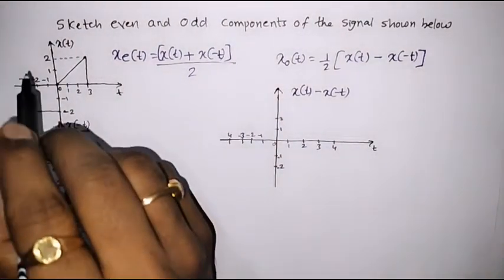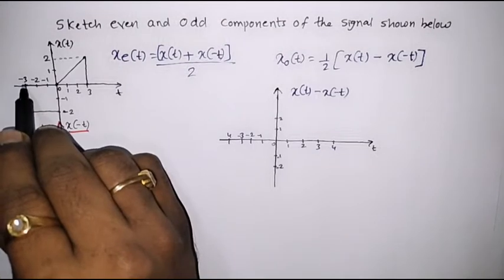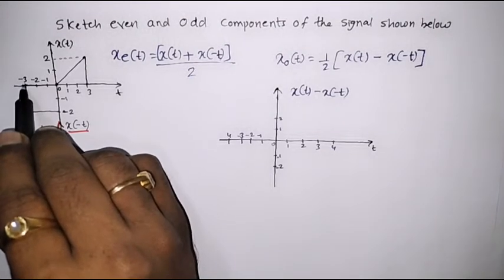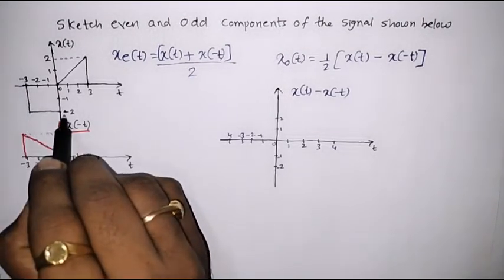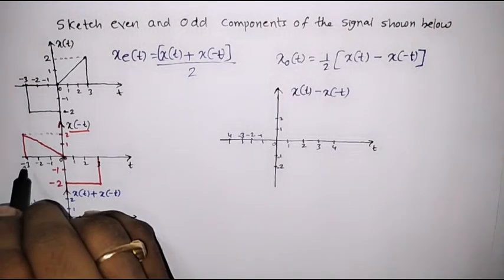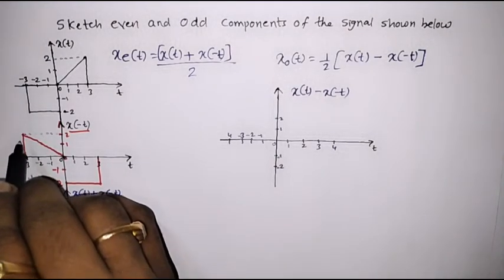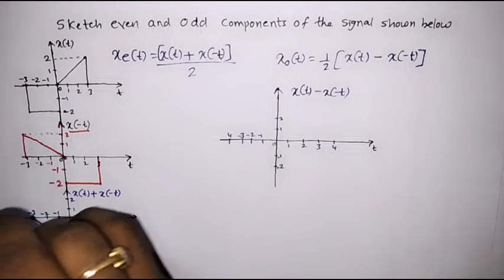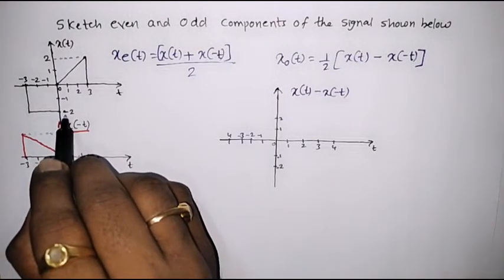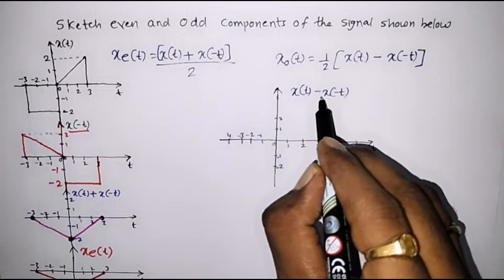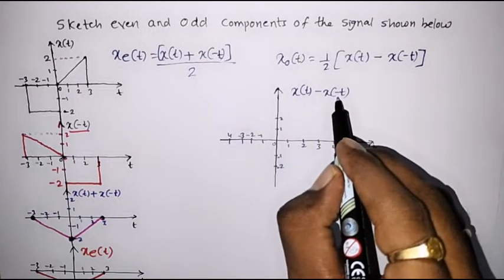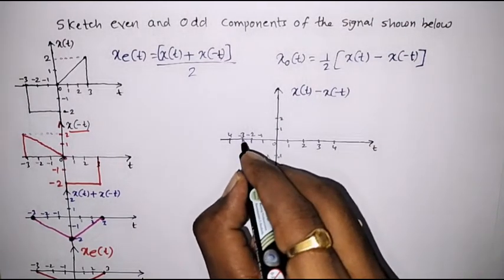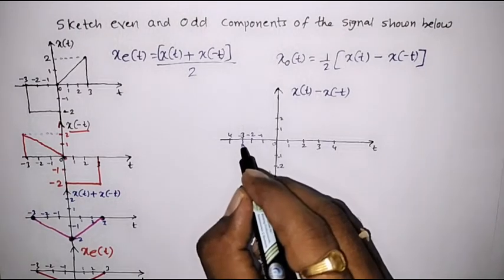So now we are supposed to subtract the x of minus t signal from x of t. Here we can observe at t equal to -3 the amplitude of the signal is -2, and here at t equal to -3 the amplitude of the signal is 2, that is -2 minus 2, that is -4. So at t equal to -3 the amplitude of the signal should be -4.